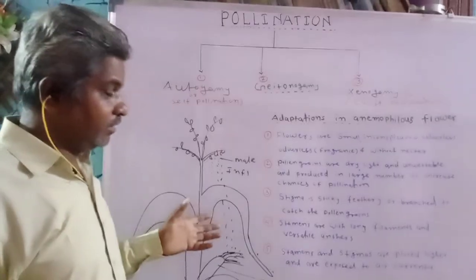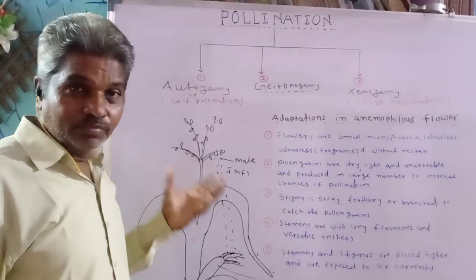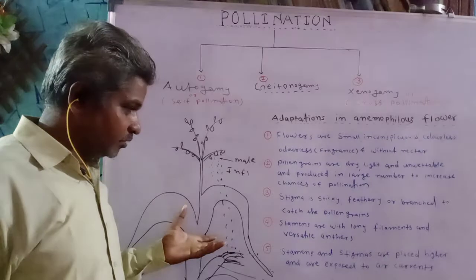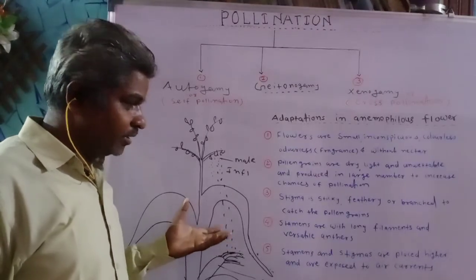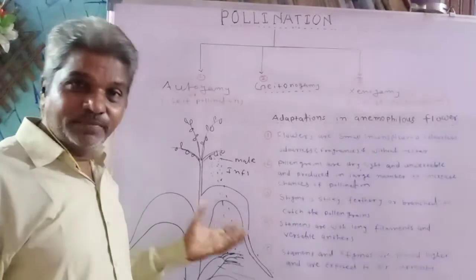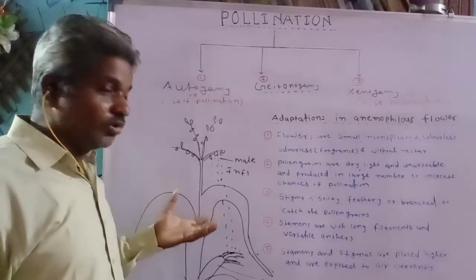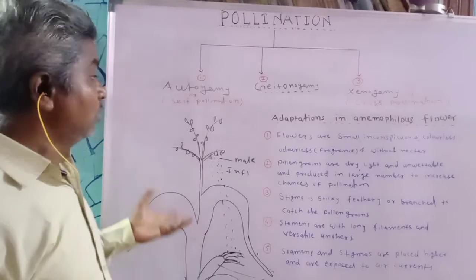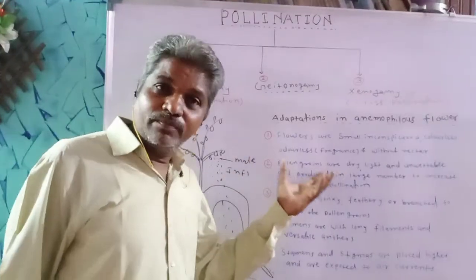Here, the air or wind is the important abiotic agency. So pollination takes place with the help of wind.